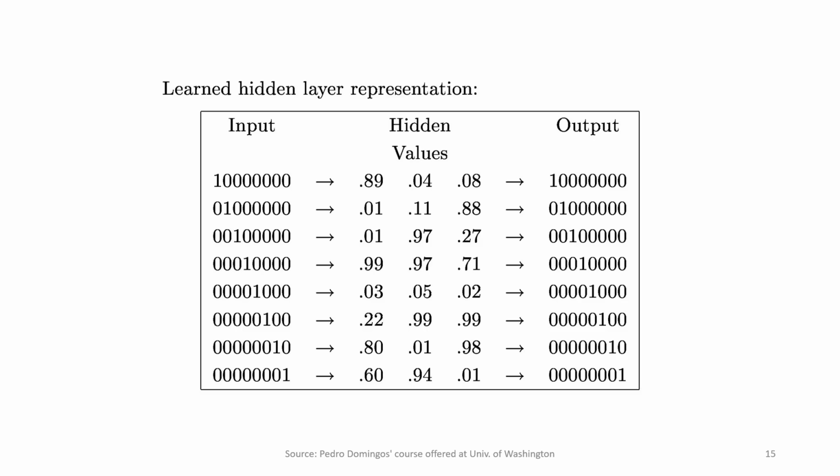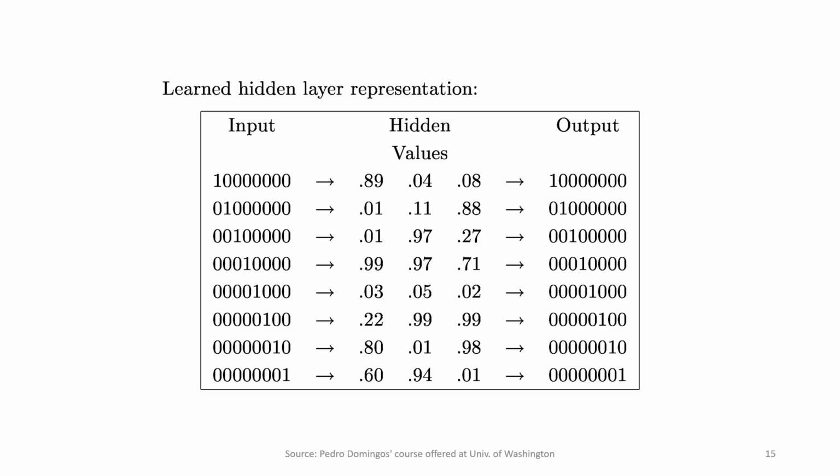Because the activation unit is sigmoid, this is the output of the hidden units. These are sigmoid units, so they will not go exactly to 0 or 1, but if we threshold around 0.5, we can clearly see that the hidden units are learning a binary representation of these numbers. For example, the first one is 1 0 0, the second one is 0 0 1, then 0 1 0, and so on.